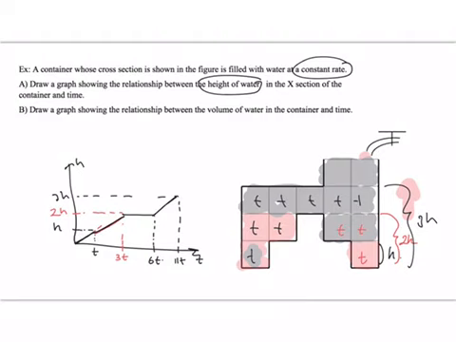So 2t time passes, and the total height will be equal to 4h. So let's put it here: 13t, the height will be equal to 4h. So the graph will be like this.